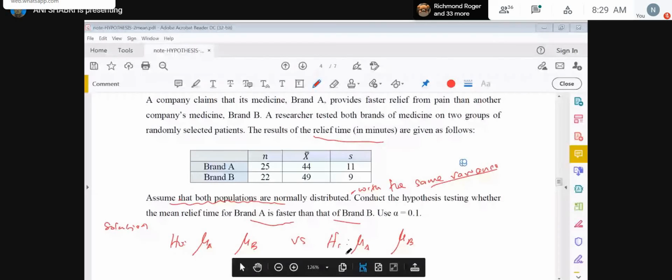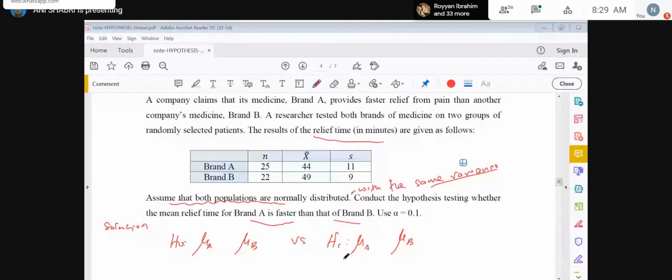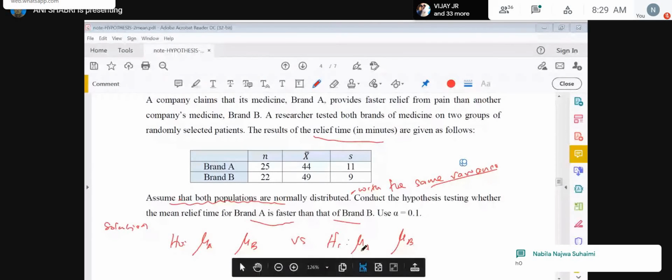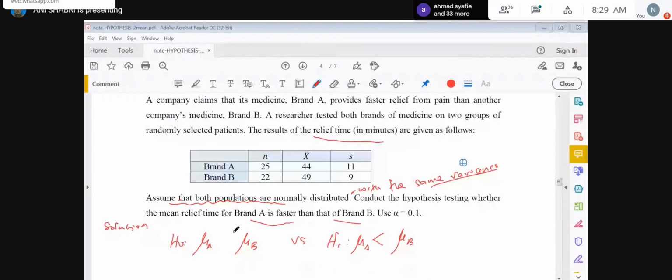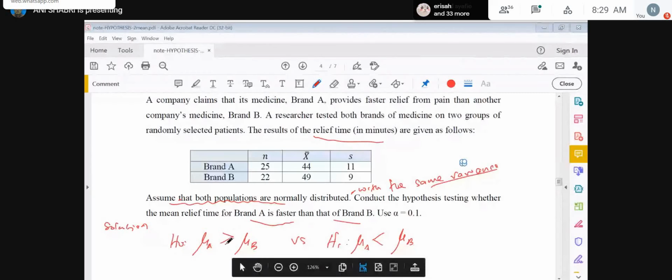H0 ataupun H1? Okay, smaller must use H1. H0 is greater. Biasanya lebih kecil, lebih cepat, lebih bagus. Okay, for this one, this is the hypothesis.